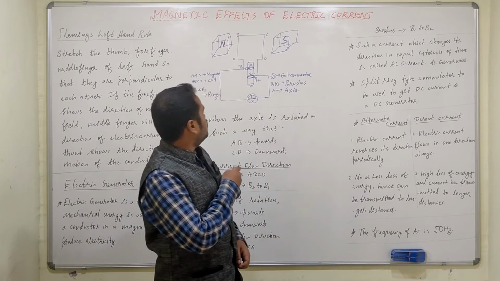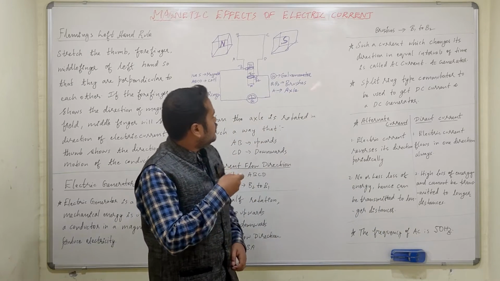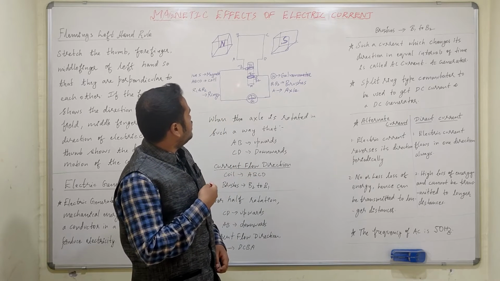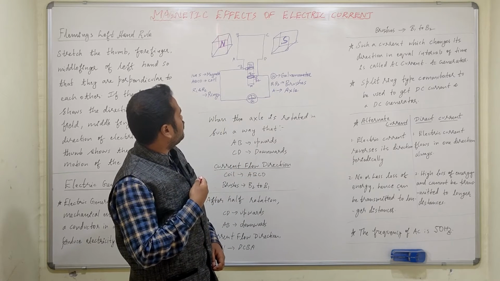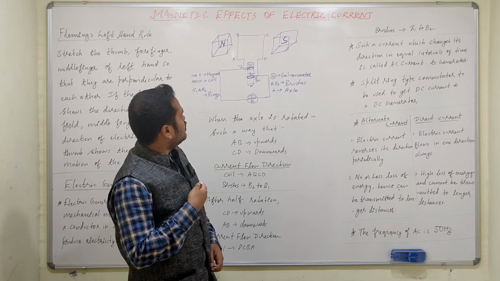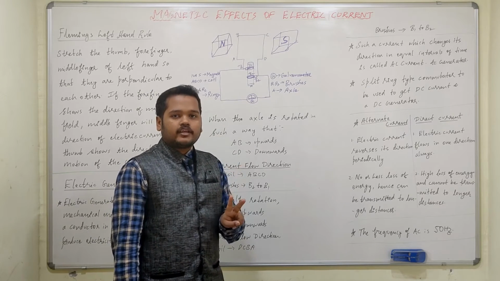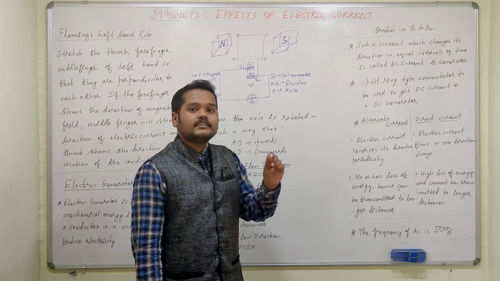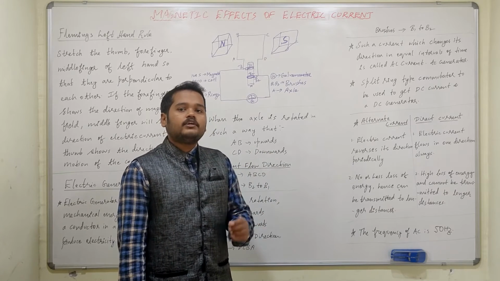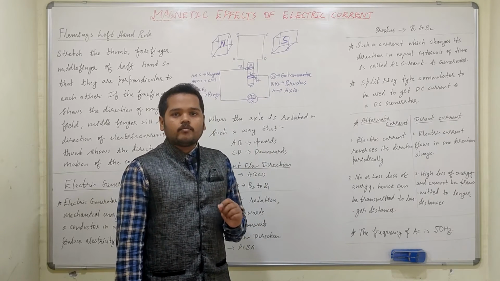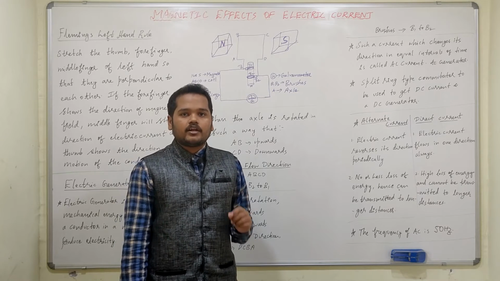This is the diagram, and the setup has a north pole and south pole of the magnet, and a rectangular coil. It has two brushes and two rings. It's not split rings as we use in an electric motor, but normal rings, represented by R1 and R2.